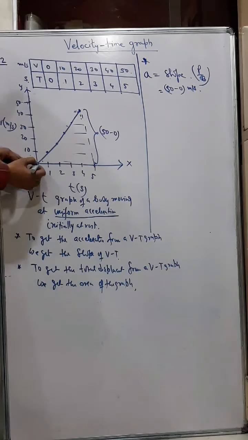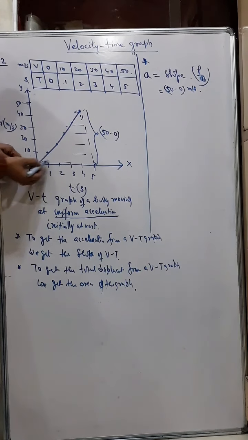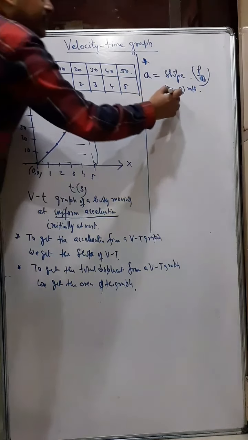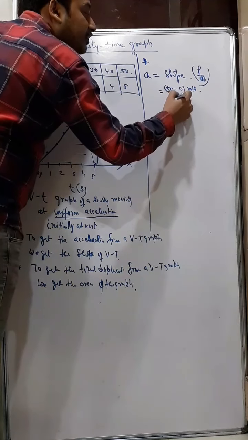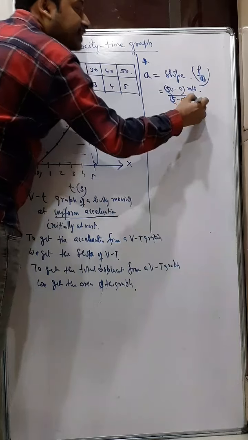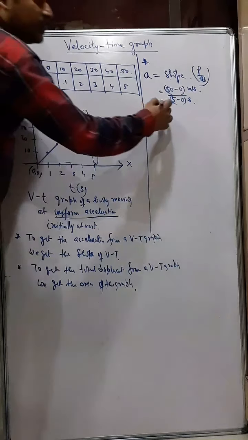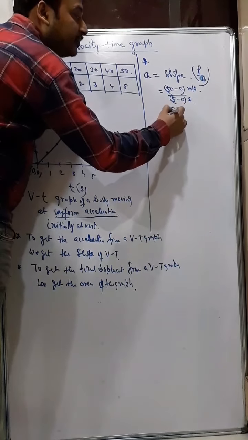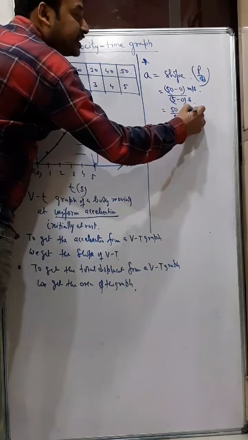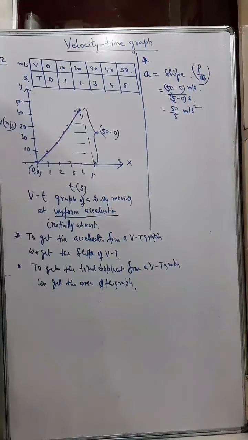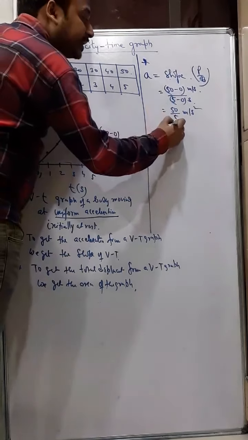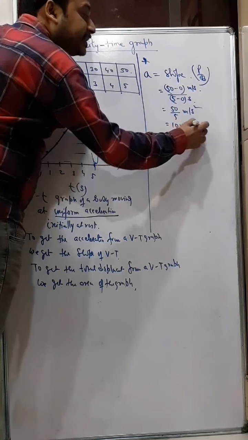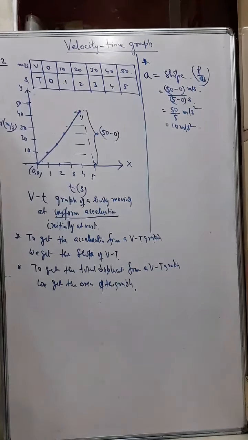And in the base, the initial time was 0 and the final time is 5, so I will write 5 minus 0 second. So we got 50 by 5 meter per second square, and finally we are getting 10 meter per second square.